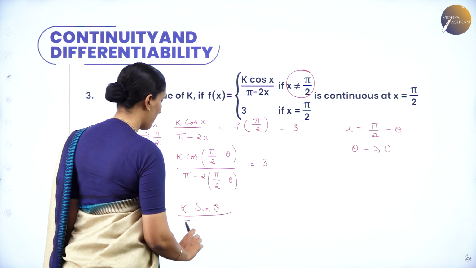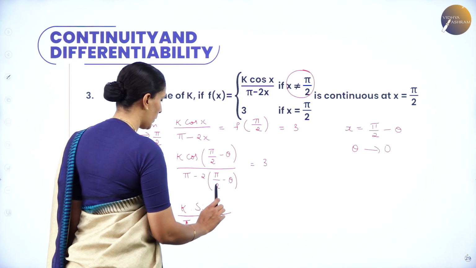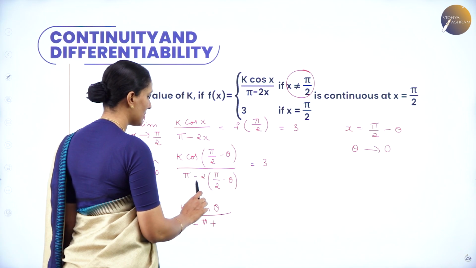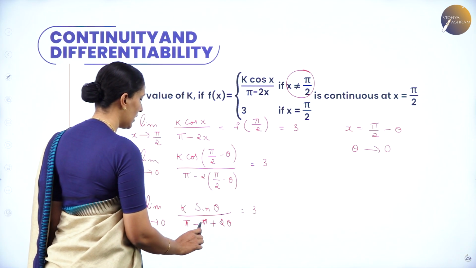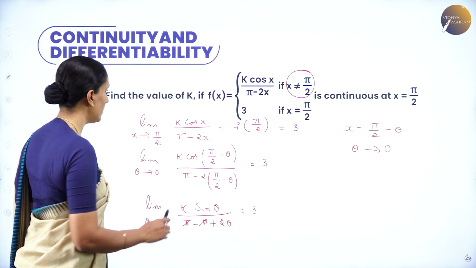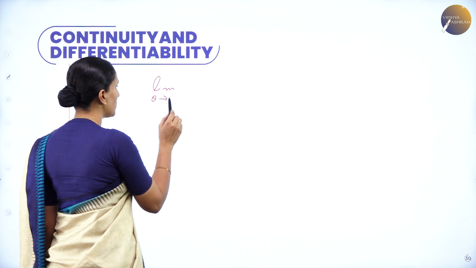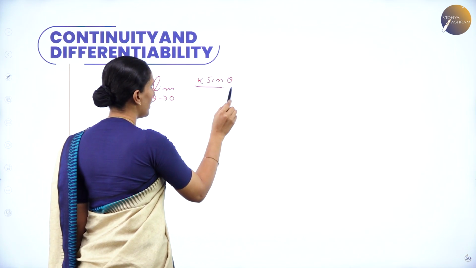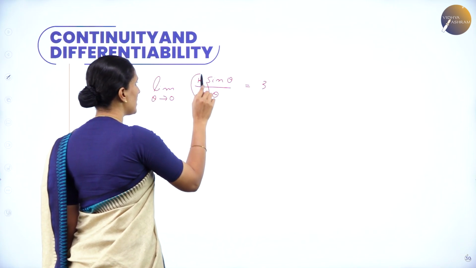And here we have pi, when you multiply 2 inside the bracket, the 2 gets cancelled, minus pi, minus into minus plus 2 theta, is equal to 3. So clearly pi and pi cancel here. So we are left with limit theta tends to 0, k sin theta divided by 2 theta is equal to 3.